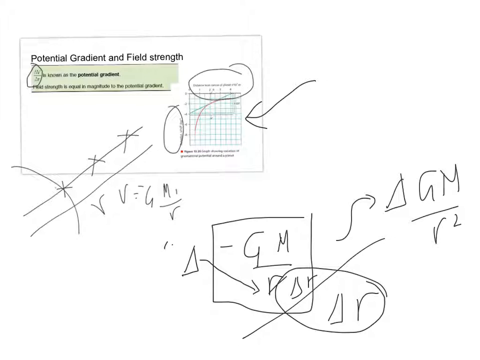So, if you work out the gradient of this line, which is equivalent to the potential gradient at this point, you will also be working out the value of the field strength, because potential gradient and field strength are equal in magnitude. What you don't have to worry about anymore is the minus sign, because they're equal in magnitude only.